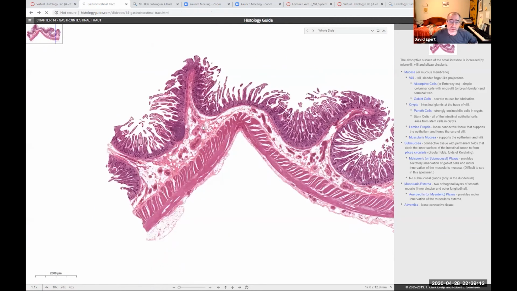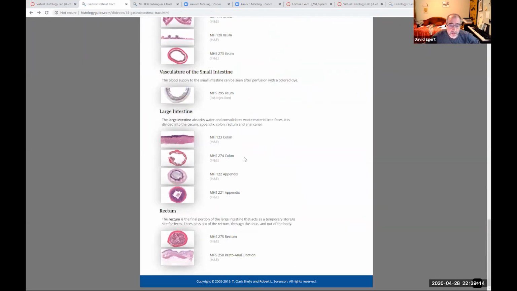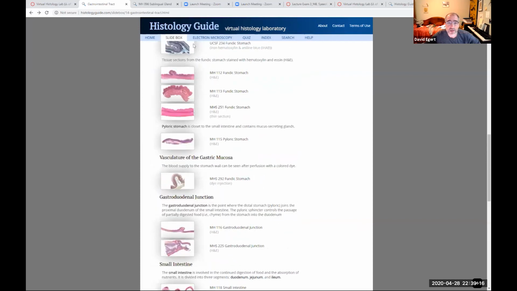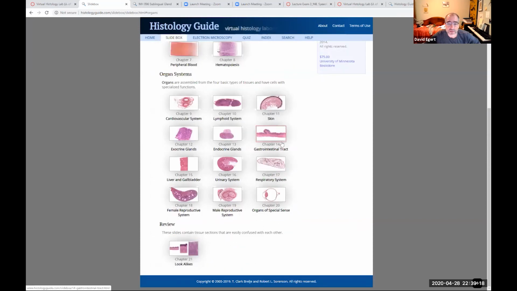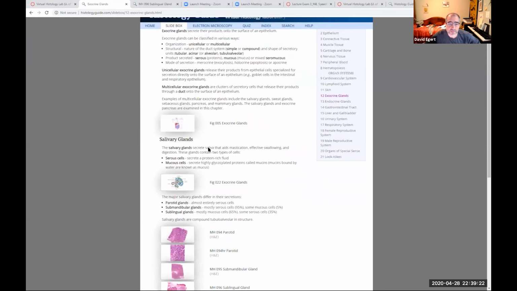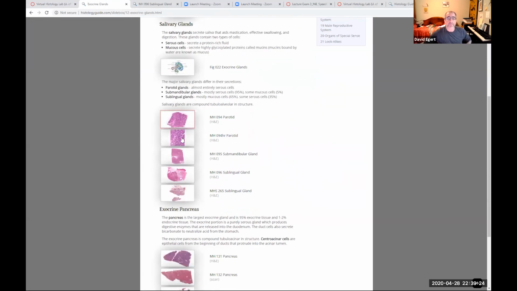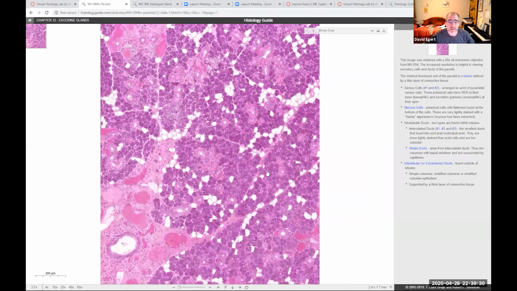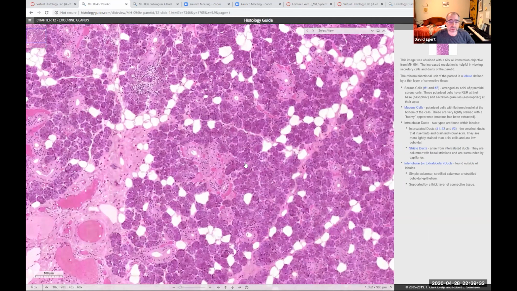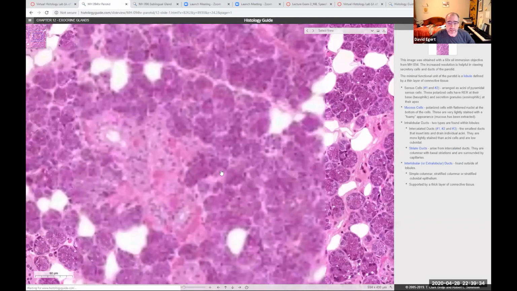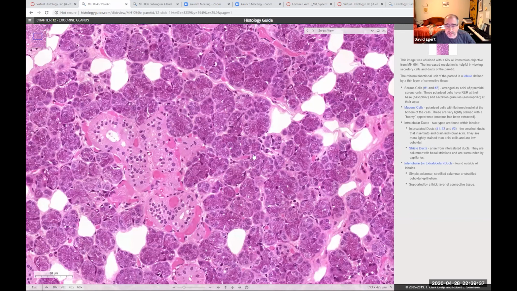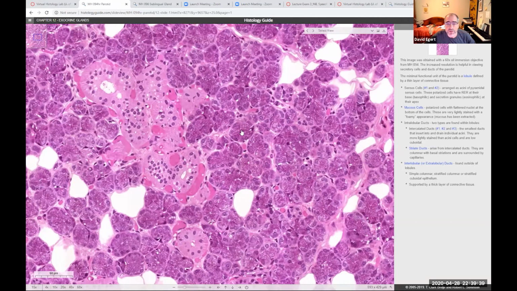All right, let's see what else we can find. We can go into the slide box and go to exocrine glands. And here's some salivary glands. If we go into the parotid gland, we look around and we see all of these cells that stain with the dark little granules.